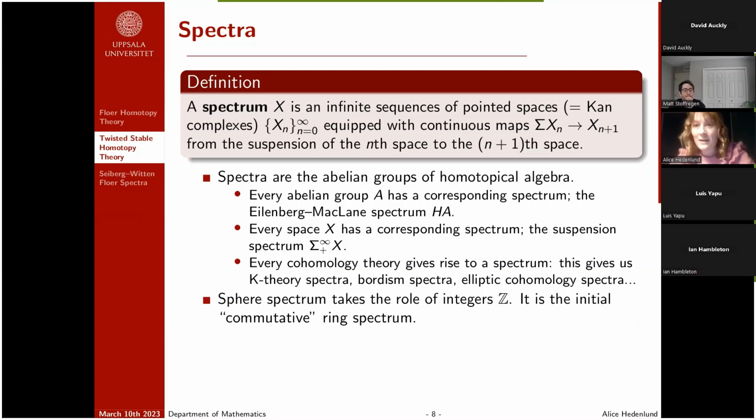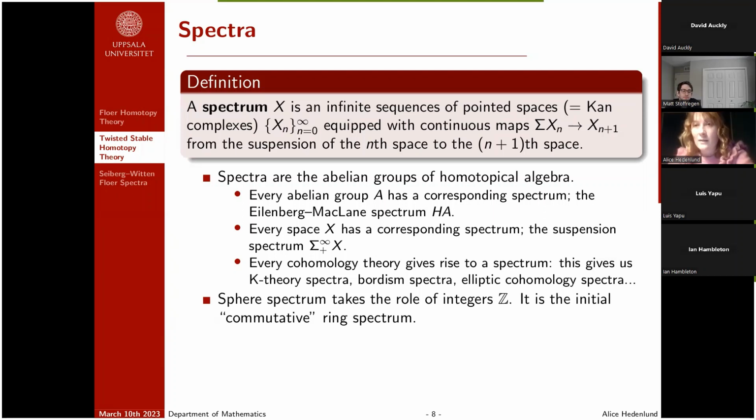What they mean here is that there's a special spectrum, namely the sphere spectrum, which somehow takes the role of the integers. In ordinary algebra, the integers are the initial commutative ring. So whenever I have a commutative ring, I can always write down a universal map from Z to my ring.